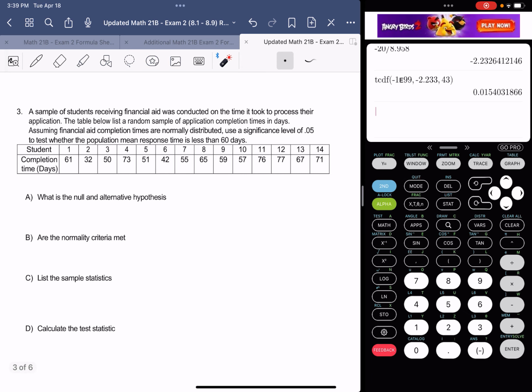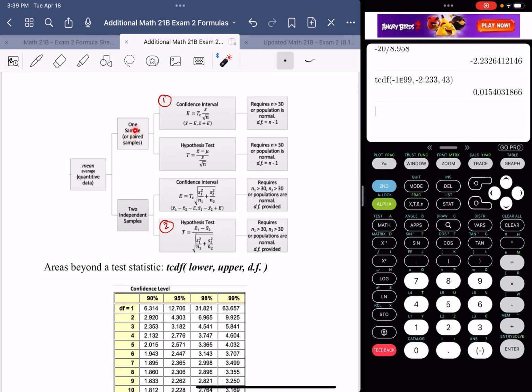We took a sample of 14 students and got their days. If instead it had been like, we're going to do this sample in 2020 and then test it again in 2023, that would be two samples. We only have one sample here, so we know we're up to here.